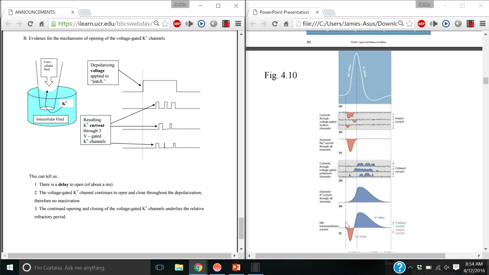Pretty cool. Yes? What causes the sodium to be down and the potassium to be up? So what causes the waveform? The waveform is a function largely of the number of voltage-gated sodium channels that are open, and the proximity to the equilibrium potential.